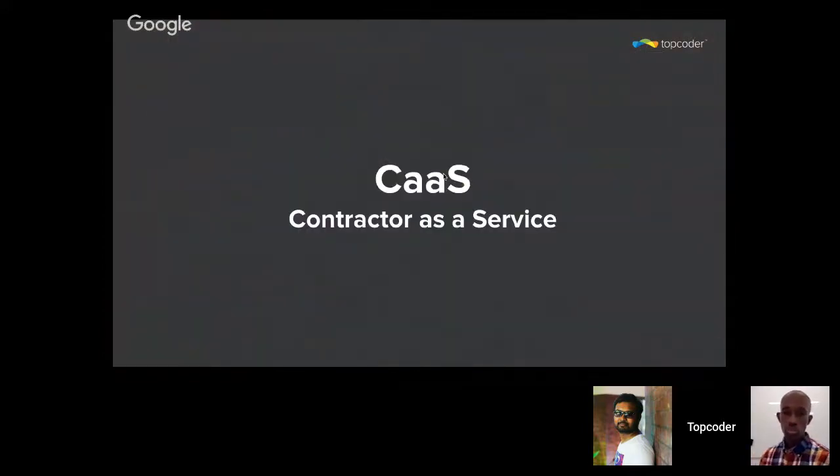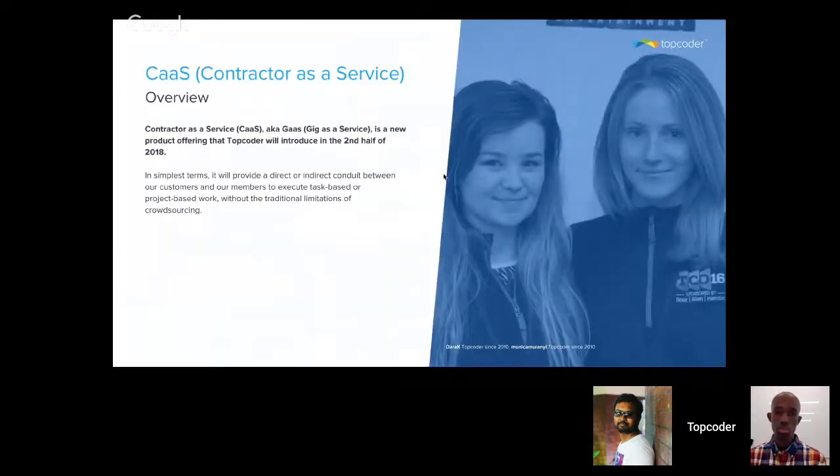The first big item is called CaaS, or Contractor as a Service. You may have heard of this floating around as a few different names. We've referred to it as gig as a service, and it's kind of gotten looped in with Topcoder tasks a little bit.